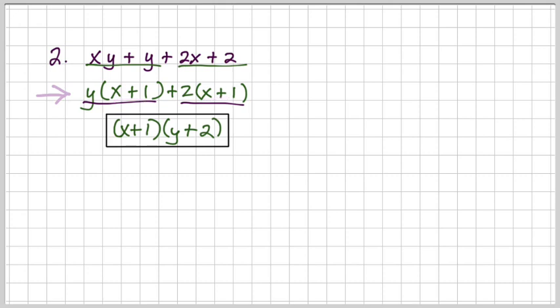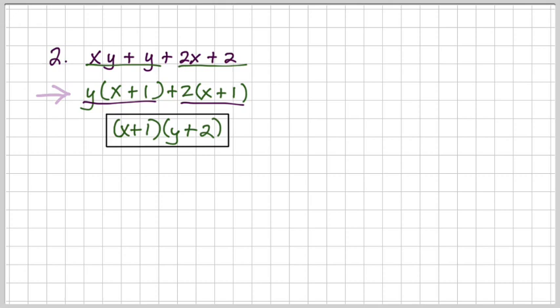And in fact, that's what happened on number 1 as well. We had a common factor, what was in the parentheses. And that has to be true because remember, the next step is to look for the GCF, and it's going to be x plus 1. It's going to be what's in the parentheses. So as we do these problems, we know what to expect now. We should get the same thing in both sets of parentheses.